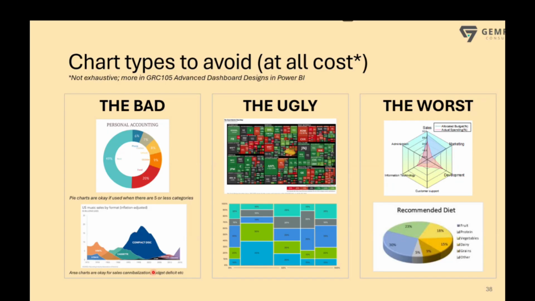But if you're having all of this, sales by format, inflation adjusted, I personally think that this may be a bit too much because of a few reasons. First reason, you need to choose what colors would fit into all of these. I have got 7 colors here. Good luck finding your color theme to make all 6 or 7 of these match. It looks simple, but it is not easy.